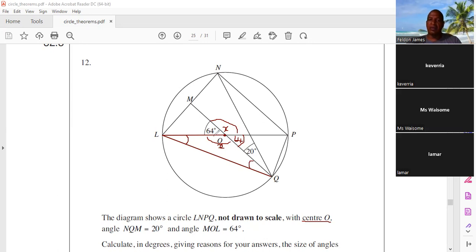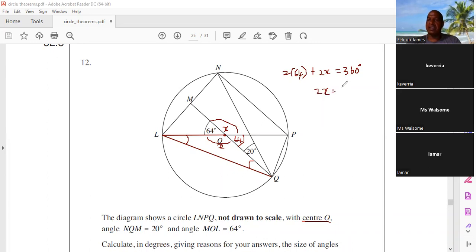So how to do that now? You would say 2 times 64 plus 2x is equal to 360. So 2 times 64 plus 2 times x equal to 360. You can find what x is. 2 times 64 is what? 128, sir.